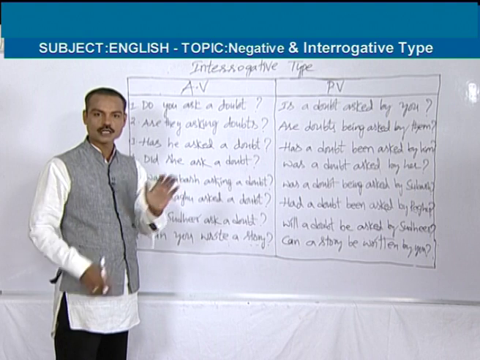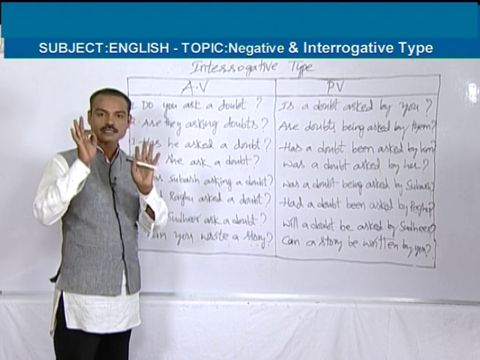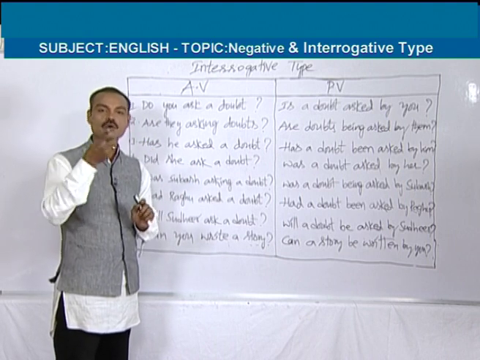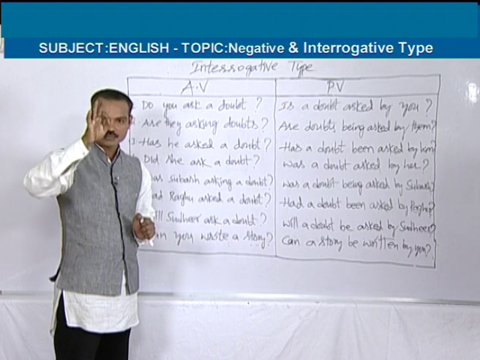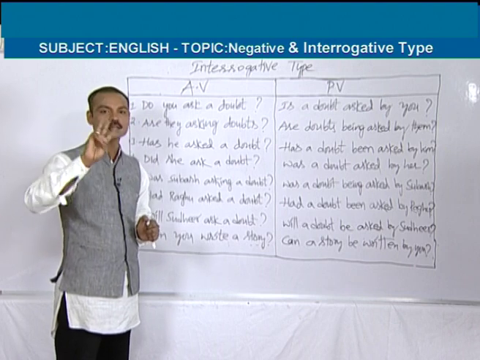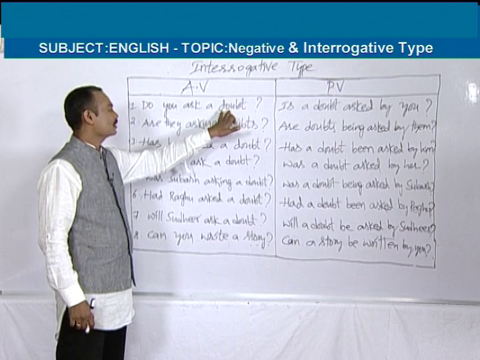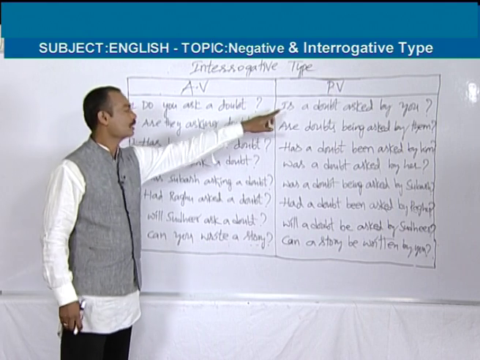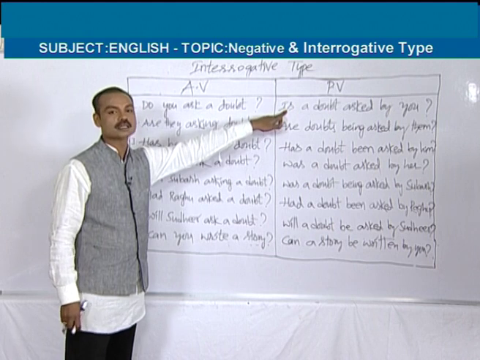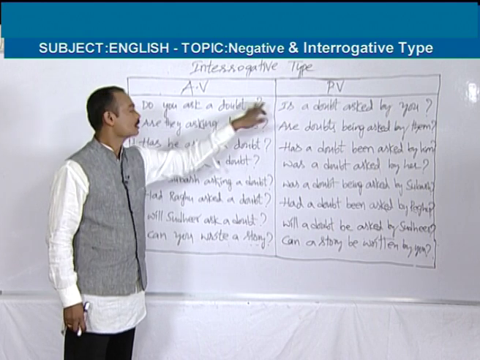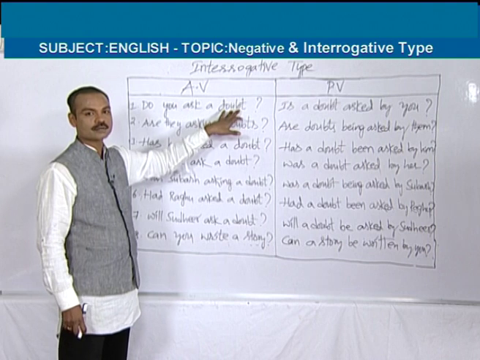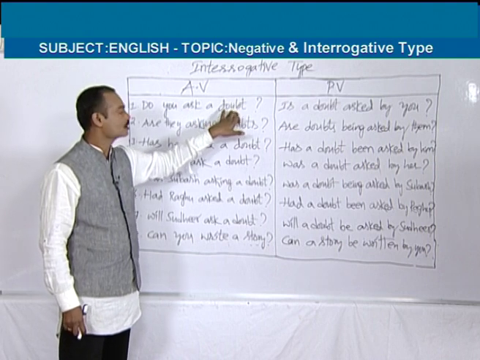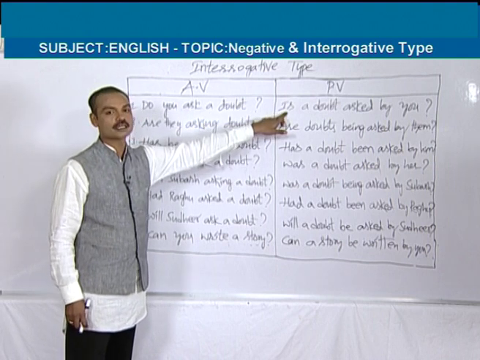Once again, when the active voice starts with either do or does, the passive voice should always start with am, is, are. If that active voice contains a singular object, the passive voice should start with is. If the given active voice contains a plural object, the passive voice should start with are.